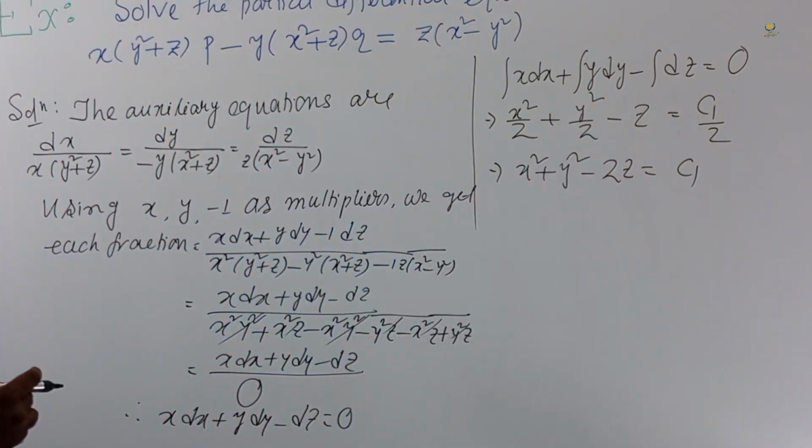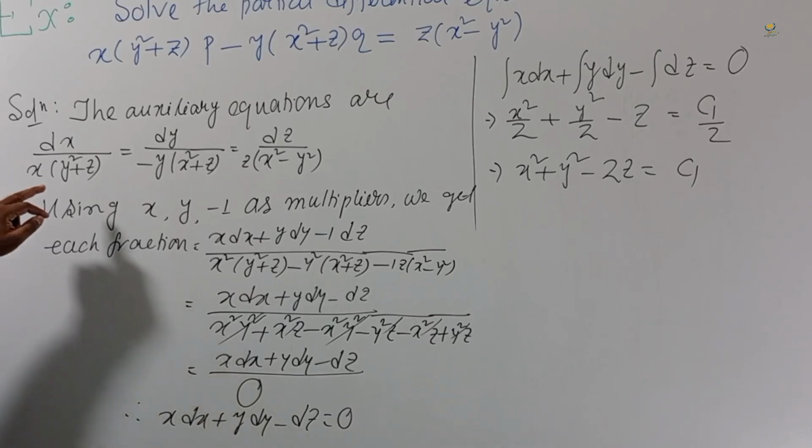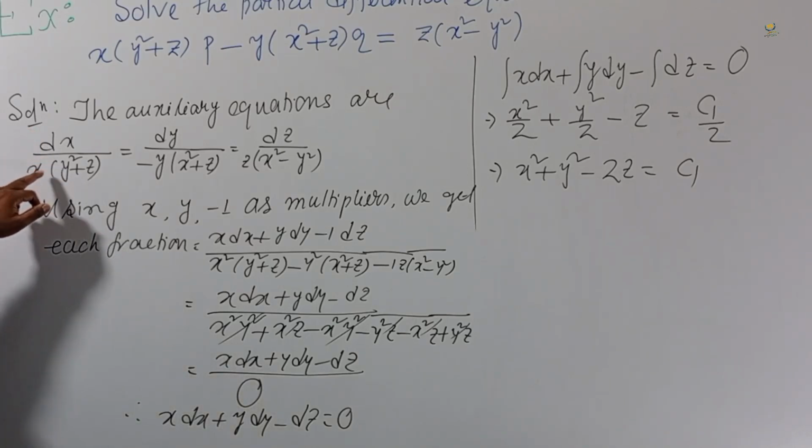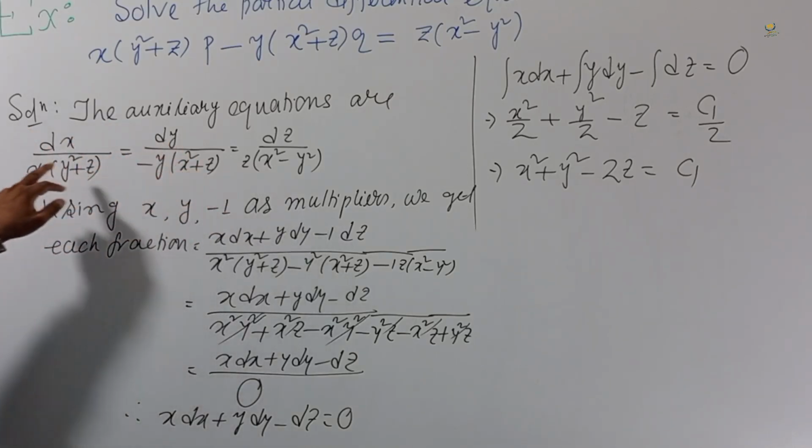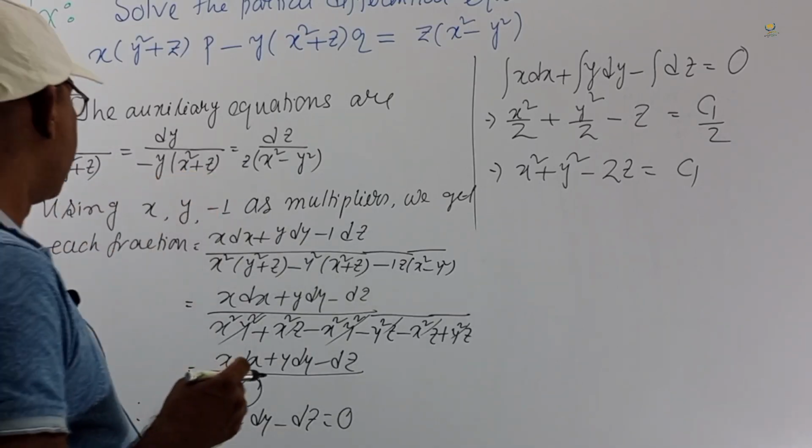Next we consider multipliers. If we consider 1 by x, 1 by y, 1 by z, then ultimately x, y, z will be cancelled.